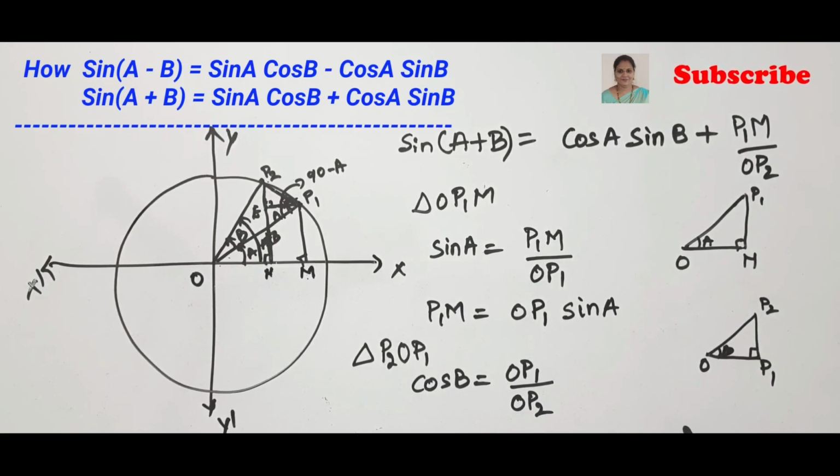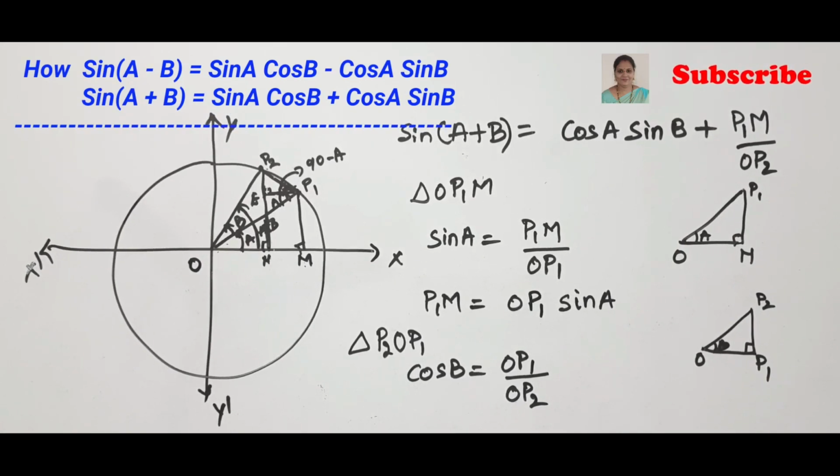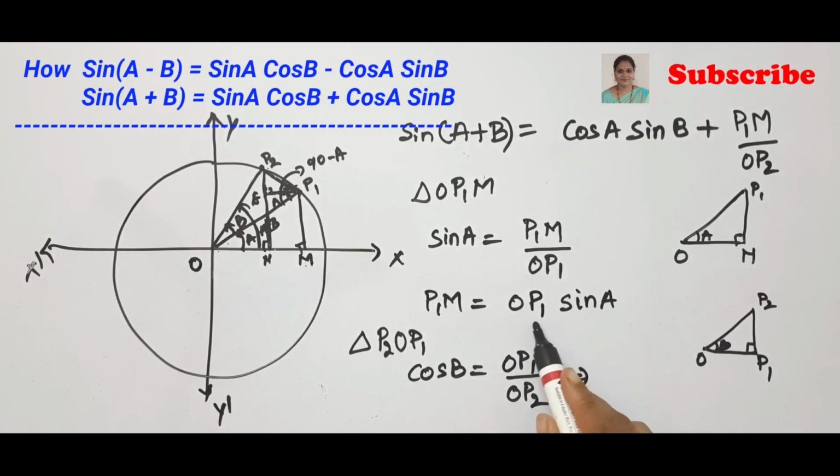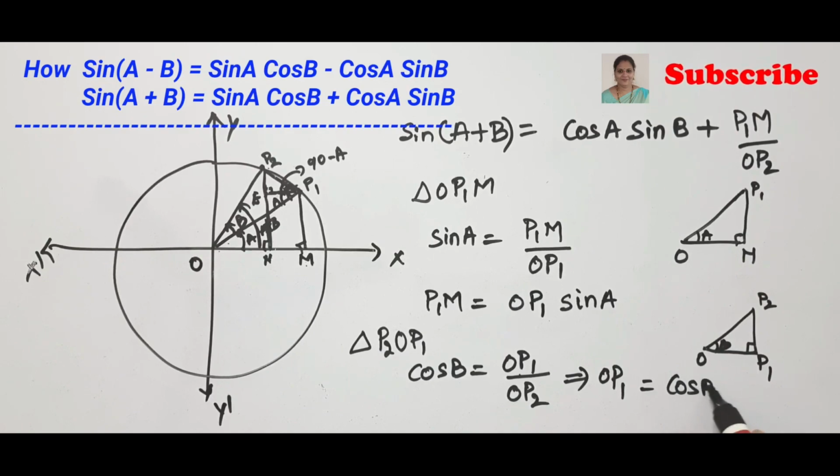We need OP1, so let us bring this OP2 to the LHS. This becomes OP1 equal to cos B into OP2.